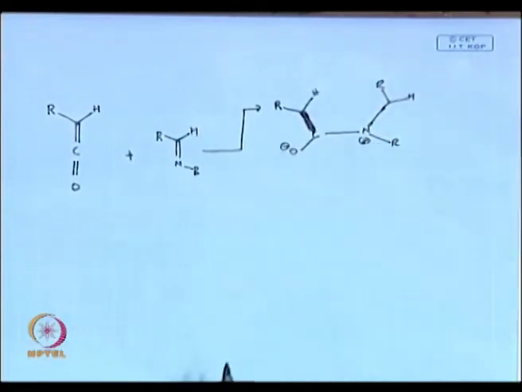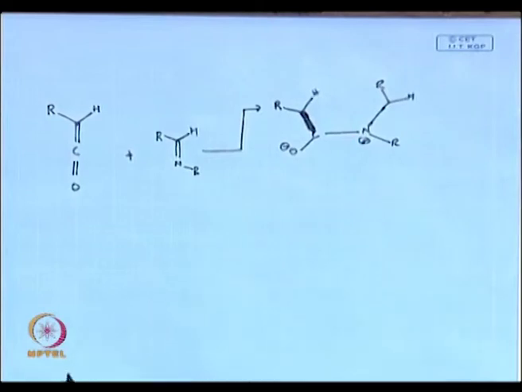Now you have studied that in such systems you can do conrotatory and disrotatory closure. Electrocyclic reactions, like butadiene, can do a conrotatory closure in that system.